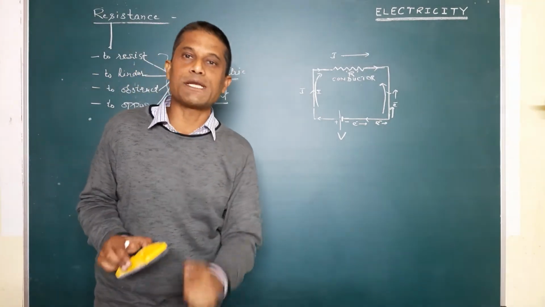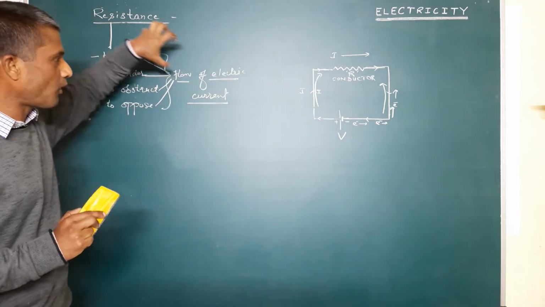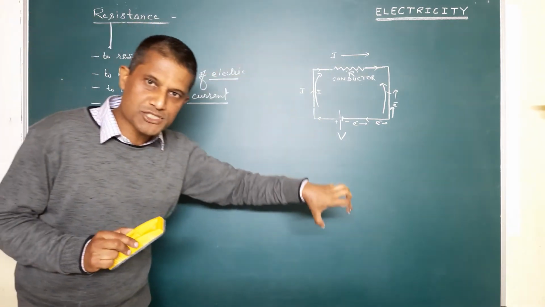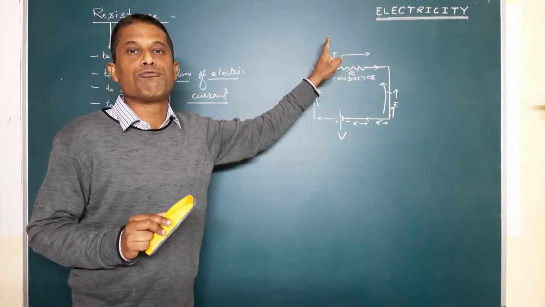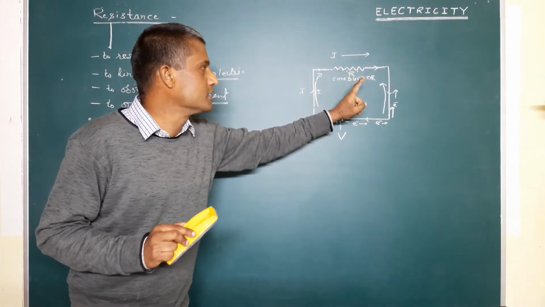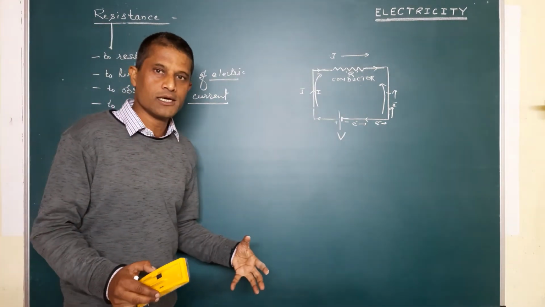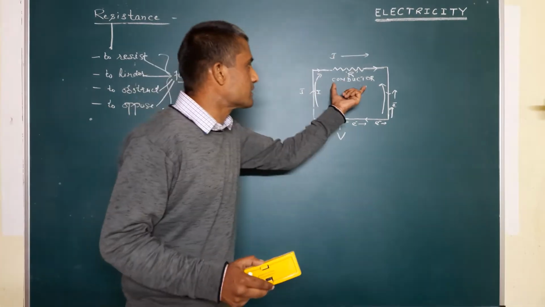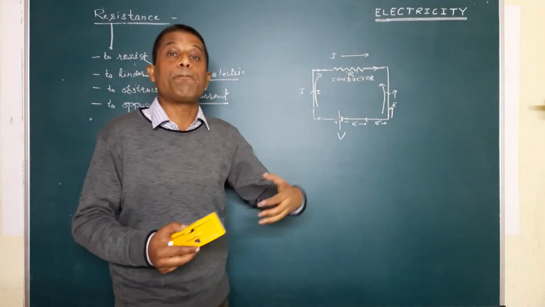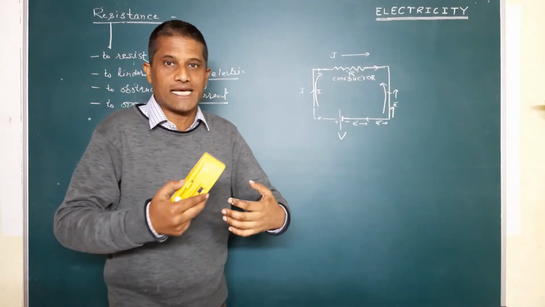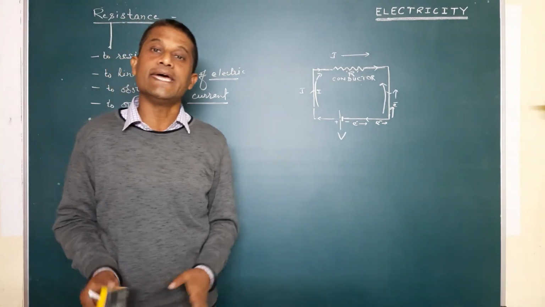That very property is known as the resistance of that very conductor. की वो गुण, वो विशेषता कंडक्टर की जिसके चलते वो करंट के बहाव को अपोज करता है, उसमें बाधा डालता है, उसको बाधित करता है, उस प्रॉपर्टी को नाम दिया जाता है रेजिस्टेंस का.